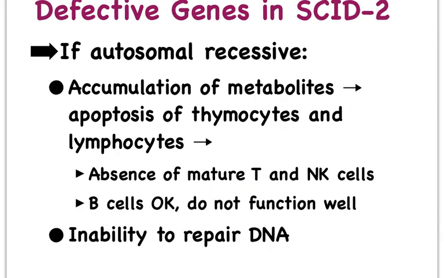On the other hand, if SCID is inherited as an autosomal recessive condition, this time there's a whole bunch of metabolic products that cannot be removed and they accumulate, which then triggers apoptosis in the cells that are developing in the thymus, the T cells developing in the thymus, and even the fully developed lymphocytes, both T and B lymphocytes, even the natural killer cells.